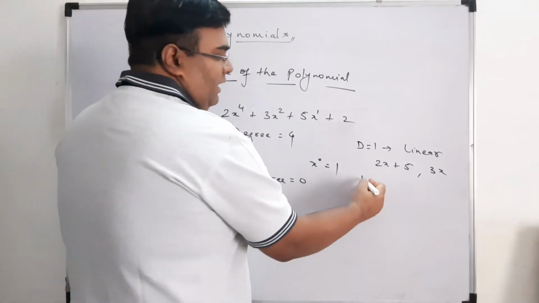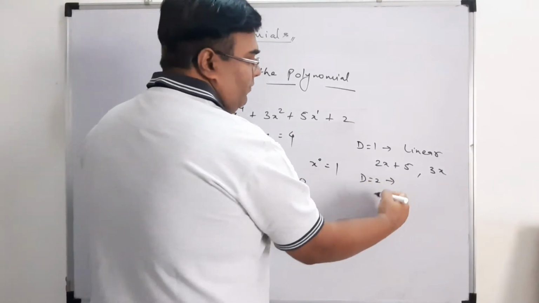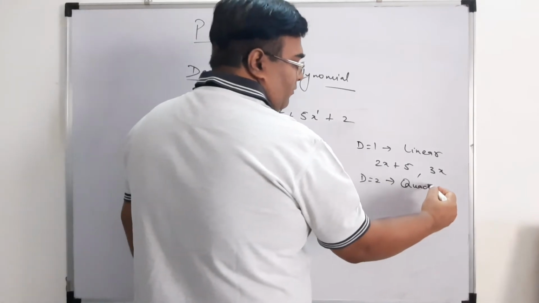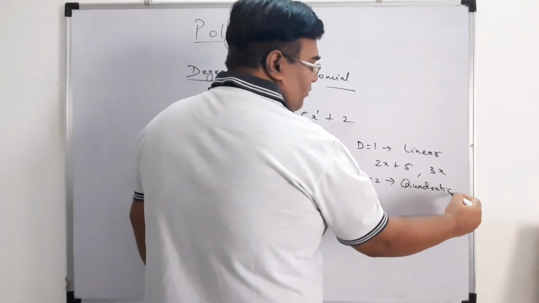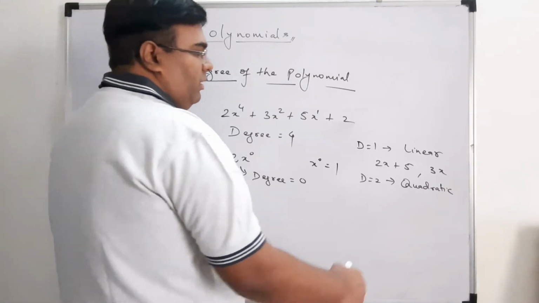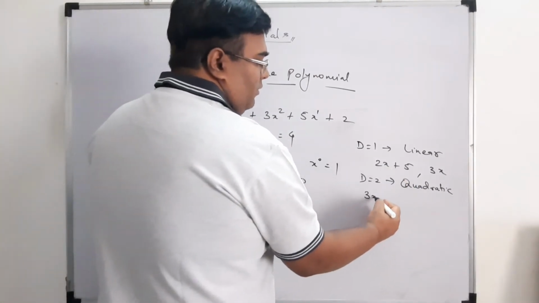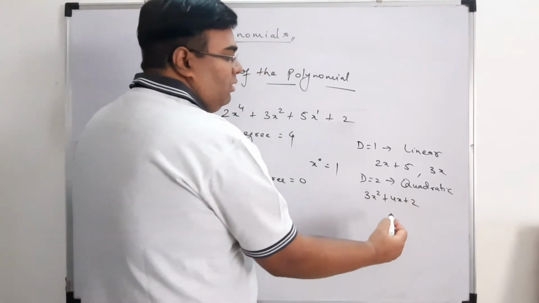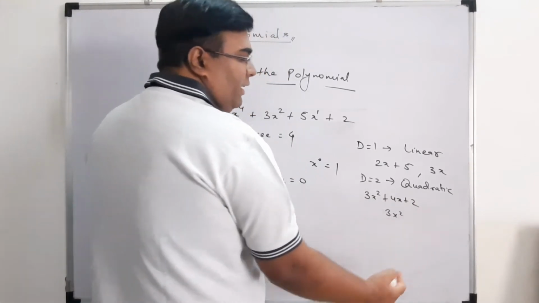Then if the degree is 2, we call it quadratic, right? For example, 3x squared plus 4x plus 2, or only 3x square is also fine.